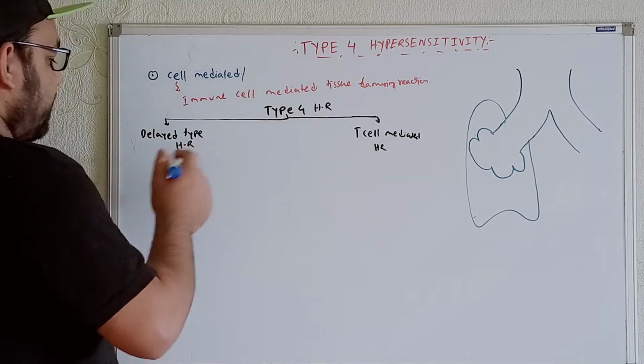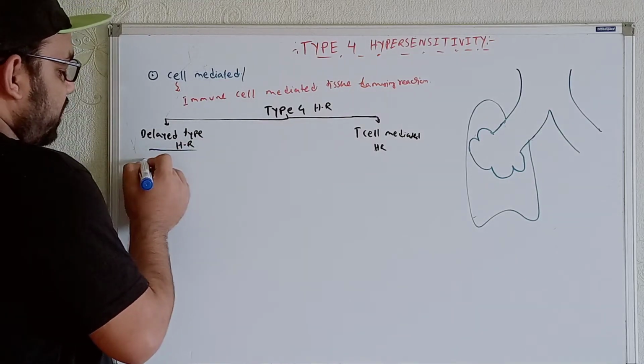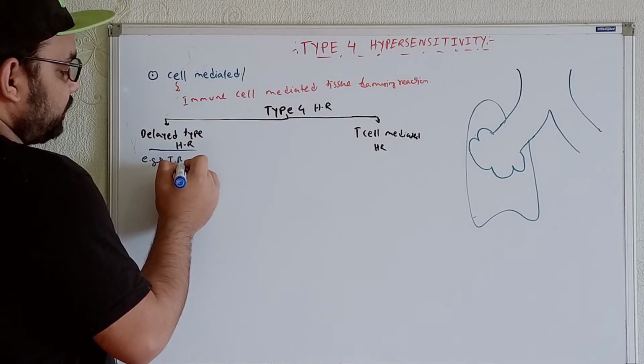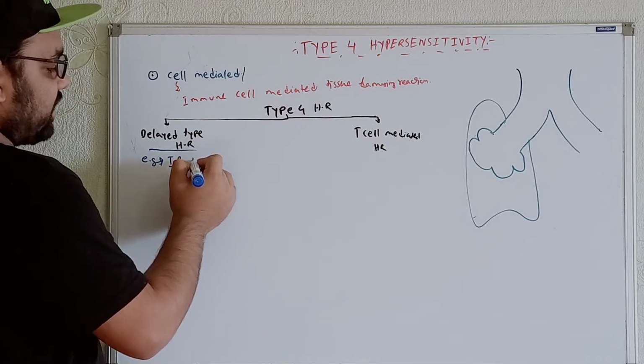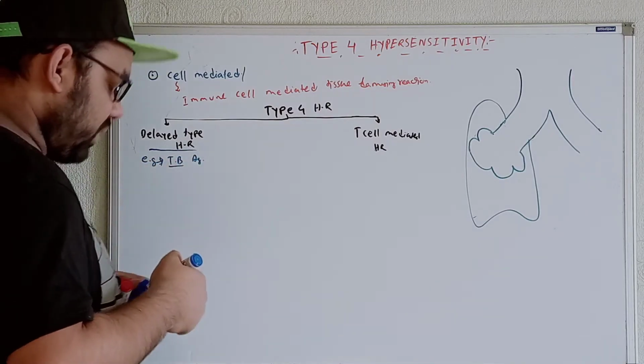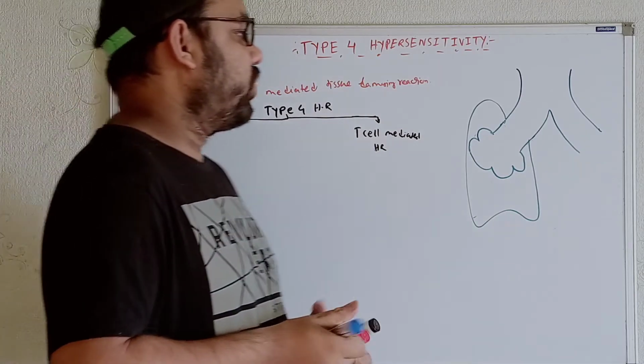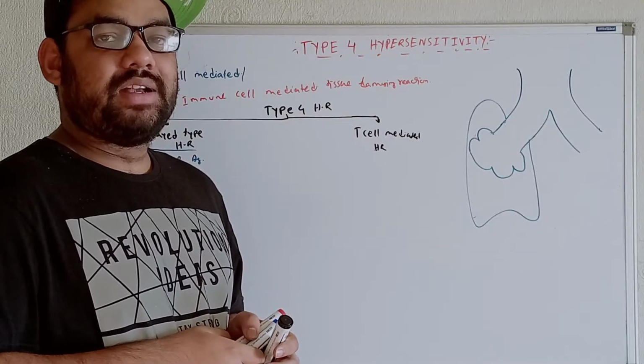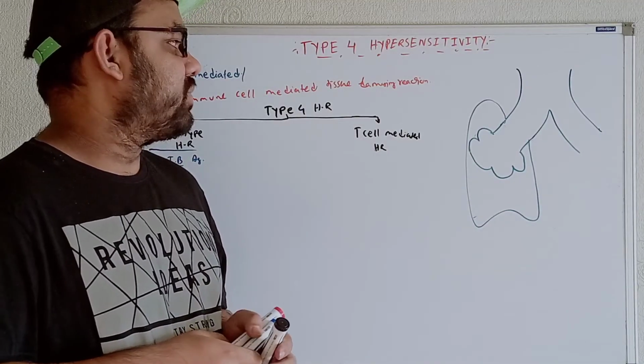Now, I am just taking the example of tubercular bacillus antigens. Suppose an individual has acquired the TB antigens, the tubercular bacillus antigens, from the environment.